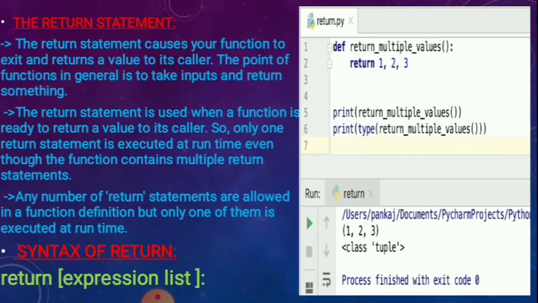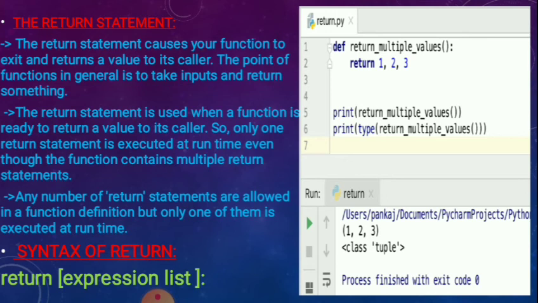Now we want to see about the return statement. The return statement we have already seen in many if-else and while statements and all. What is return? Return is going to send some value to the caller where it was called. Here you see the return statement causes your function to exit first and returns a value to its caller.